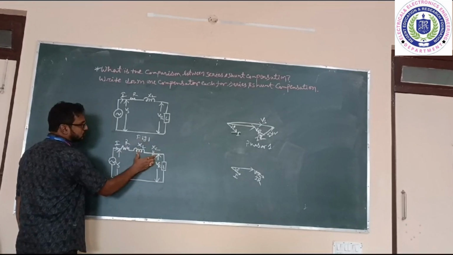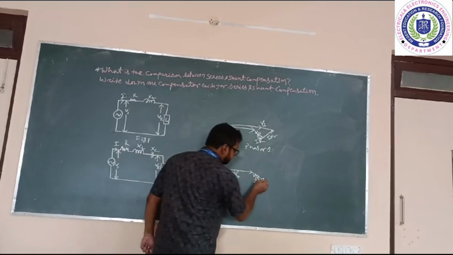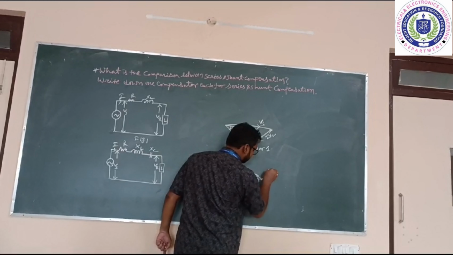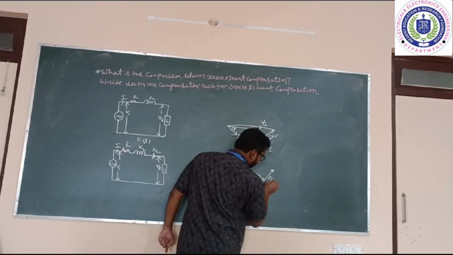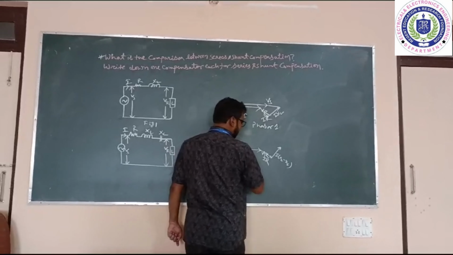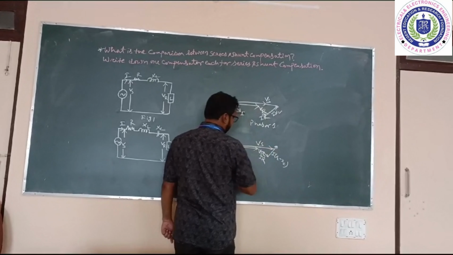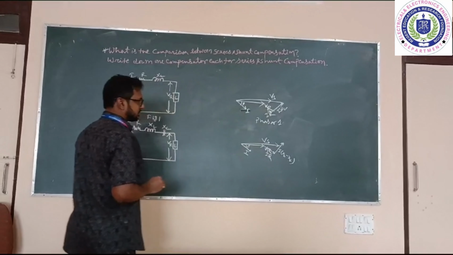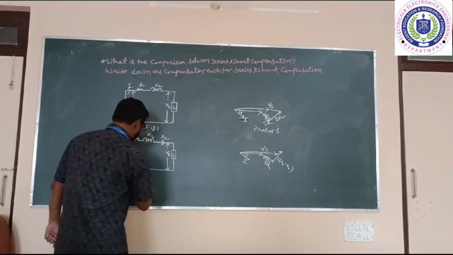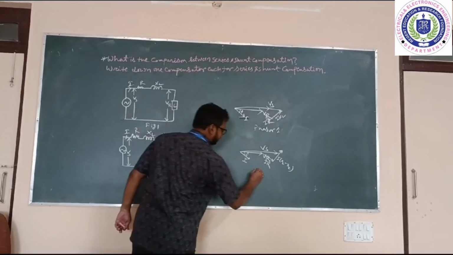So net drop across this part is XL minus XC. So what will be the drop across this one? I into XL minus XC. And by adding this, we get the supply voltage Vs. So this is figure 2 and this is the phasor.